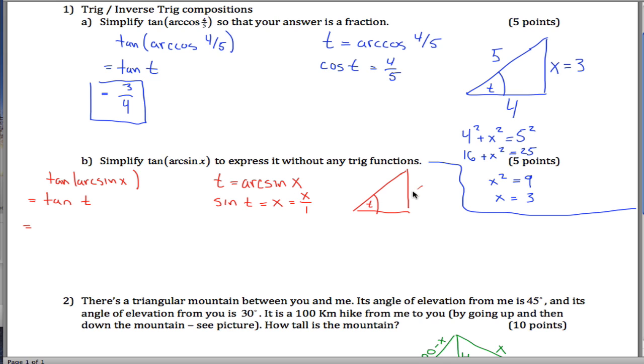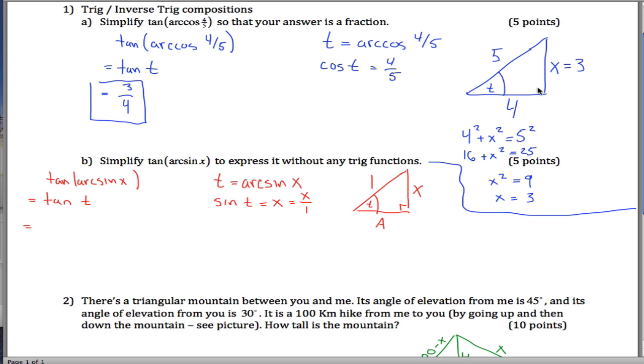In other words, if this is x, this has got to be 1. This side here, my adjacent, I need to figure out. But as long as I have two sides of a right triangle, I can figure out the third side.